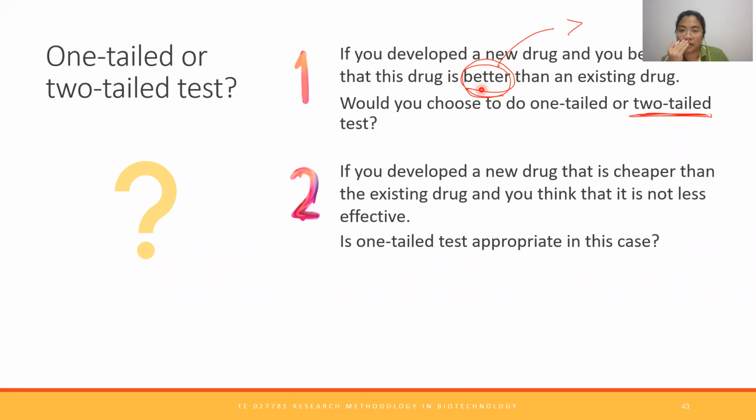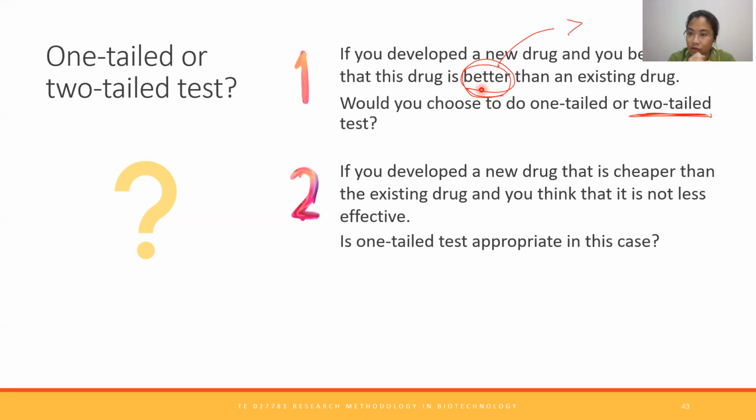Because when you are doing the test, you want to test if the drug is better. The other alternative would be the drug is as good as the old drug, or is worse than the old drug, because the point is you believe that the drug is better.